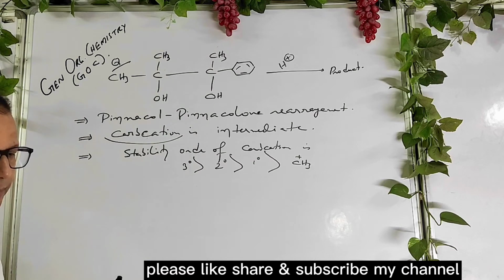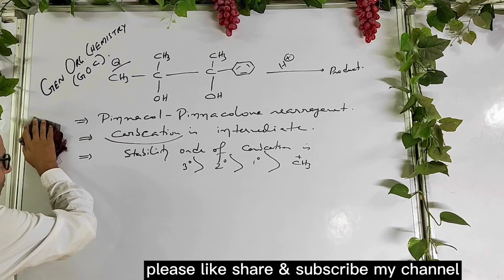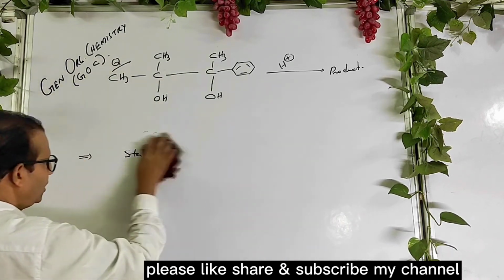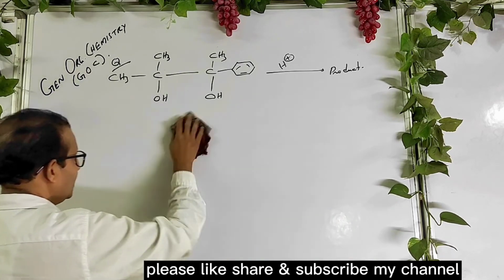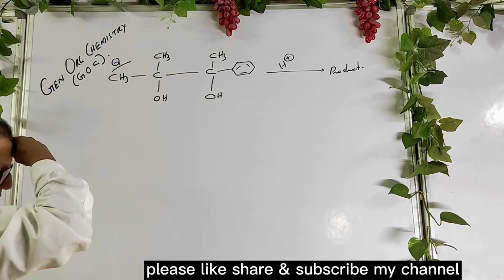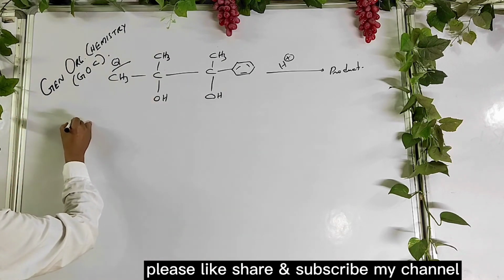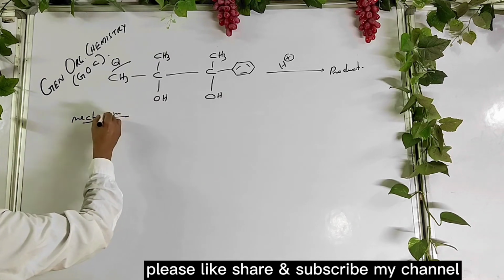Now see the mechanism. Mechanism plays a very important role in organic chemistry. At least 3 to 4 questions you will get from the mechanism, okay. Now see the mechanism of the question, everything understand.